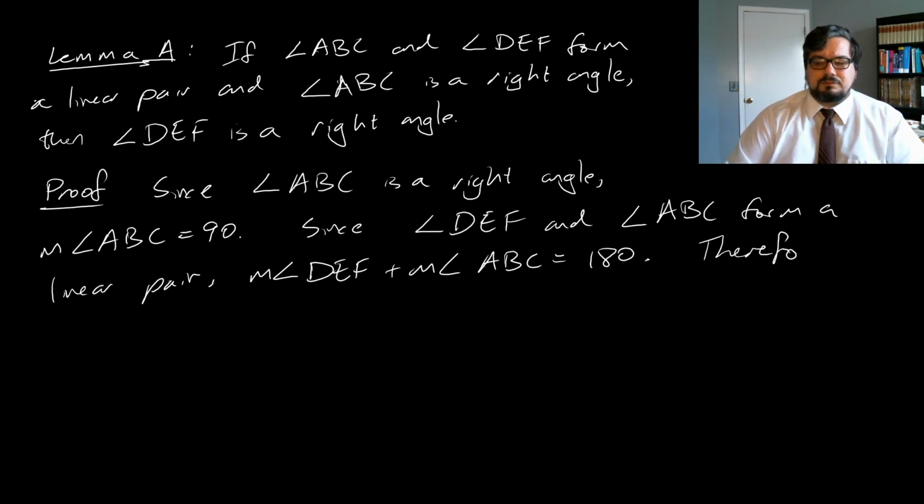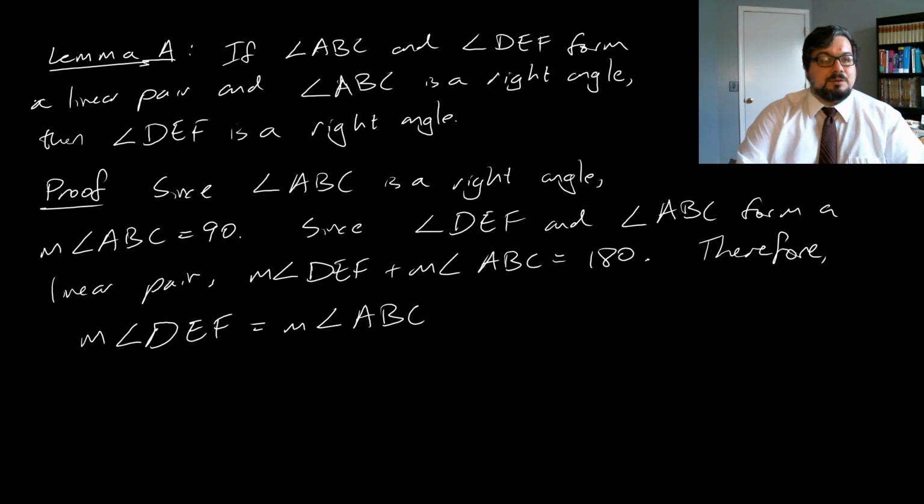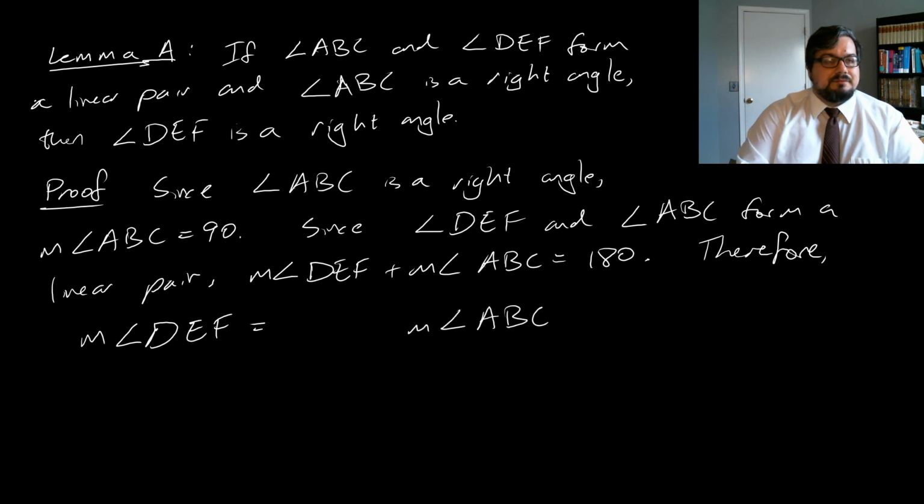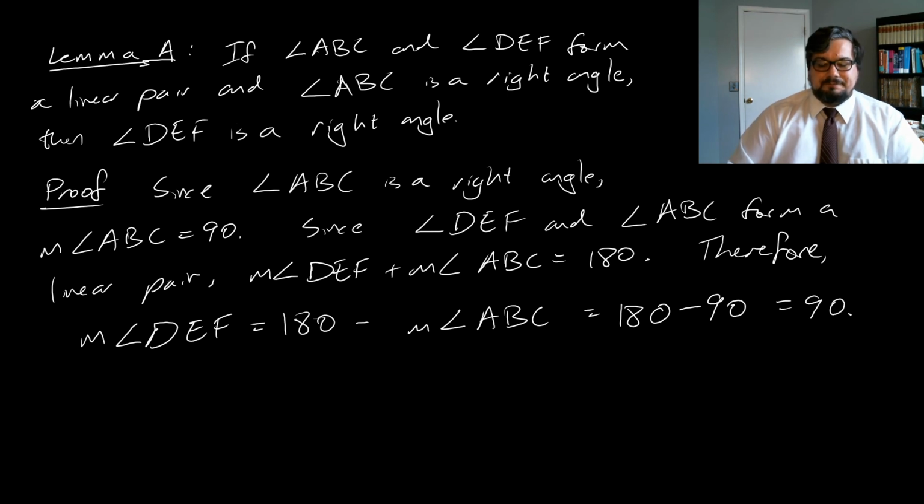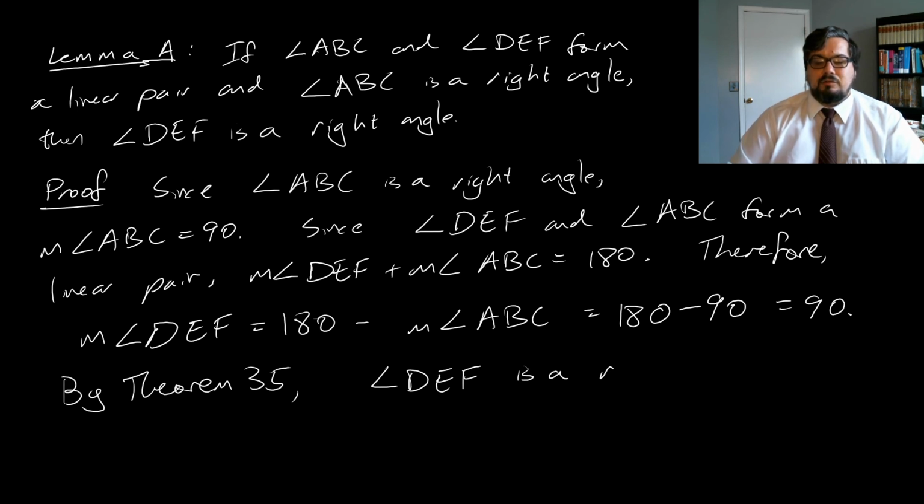Therefore, the measure of angle DEF is equal to 180 minus the measure of angle ABC, which is 180 minus 90, which is 90. And now, by Theorem 35, angle DEF is a right angle.